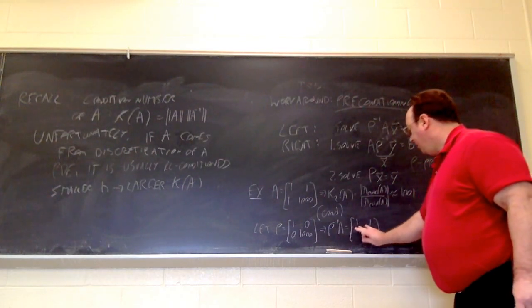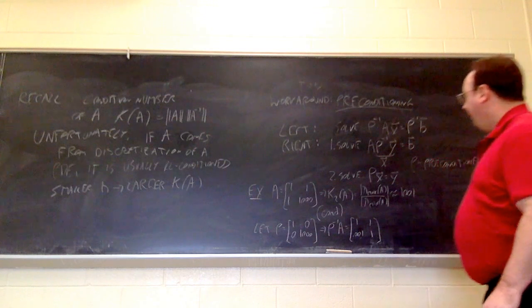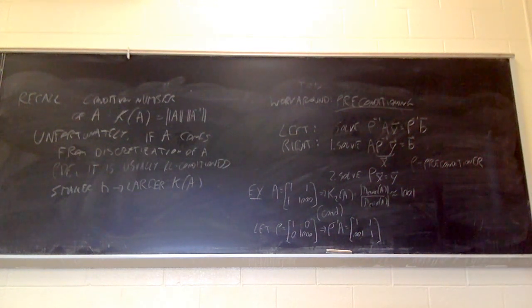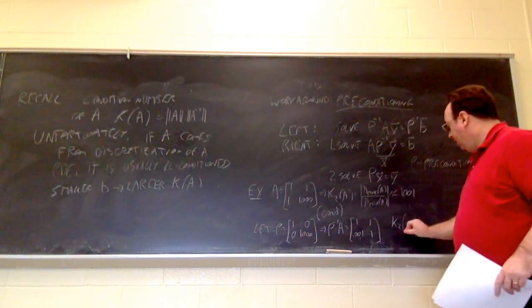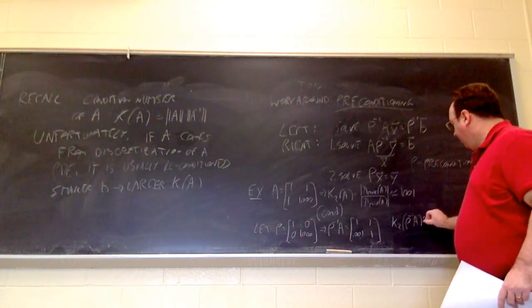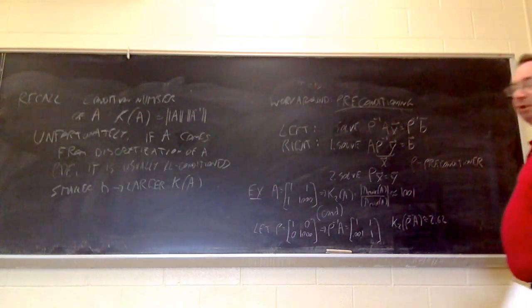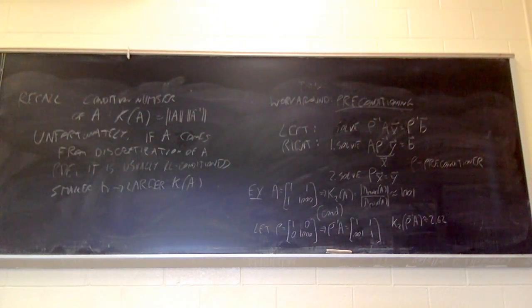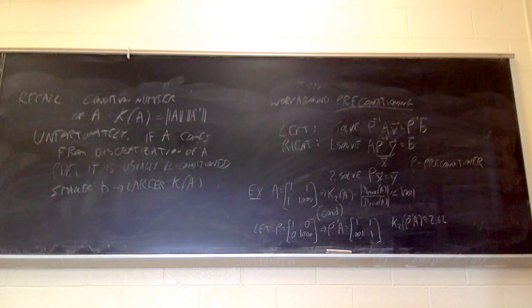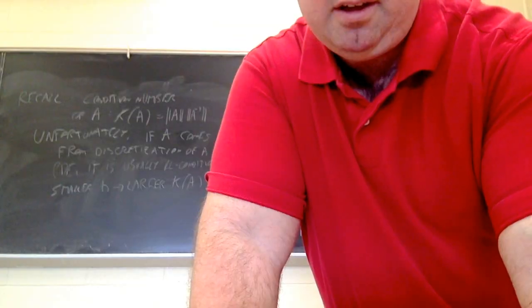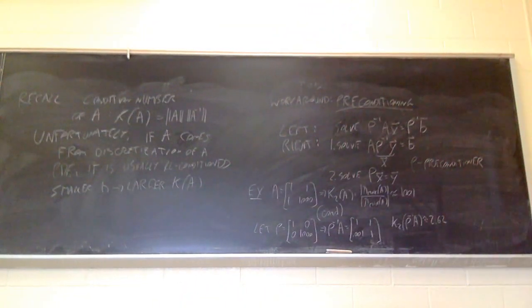Okay, I'll write it as a decimal, 0.001 and 1. And it turns out that the condition number in the 2 norm of this matrix is only about 2.62. So in this case, it really helped. If you're not really sure what to do for a preconditioner, preconditioning is a very active field of research in numerical linear algebra.